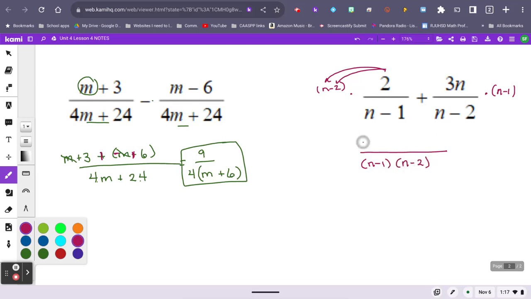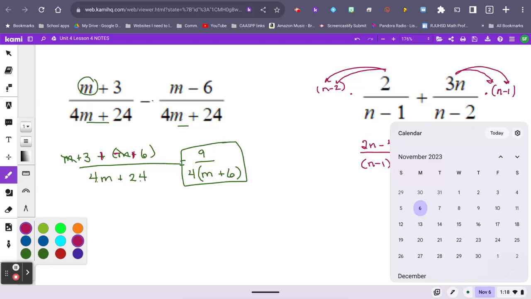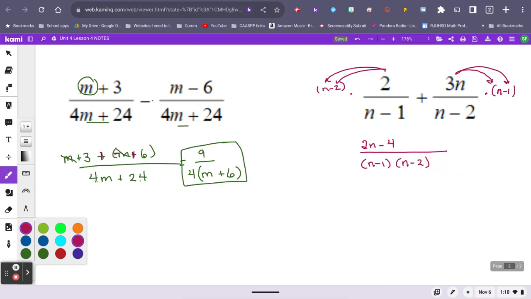So 2 times n is 2n minus 2 times 2 is 4. And then I'm going to do the same thing here. And since it is a positive, we're going to go plus 3n times n is 3n squared minus 3n.